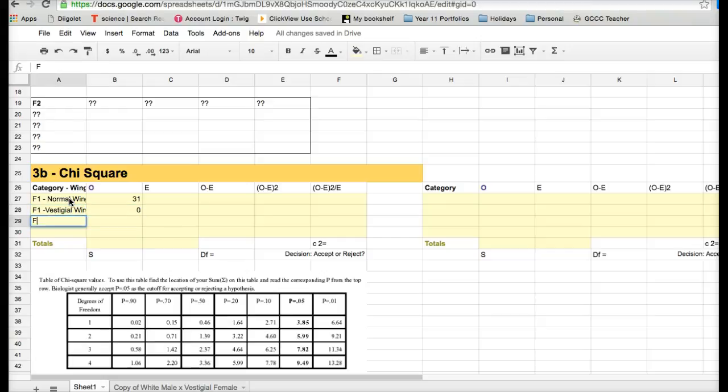For my F2 generation normal wing, now note we didn't do this in class, but if you do have the data for F2 and you wish to add it in, you can. We're going to put in that data as well.